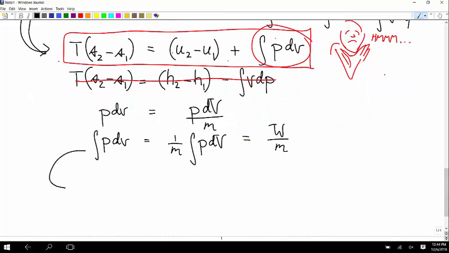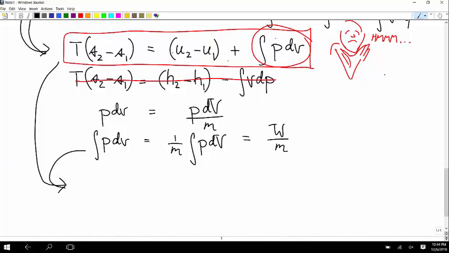So that's how we came from this integral, the integral for work that we want, to just replacing it with work over m.